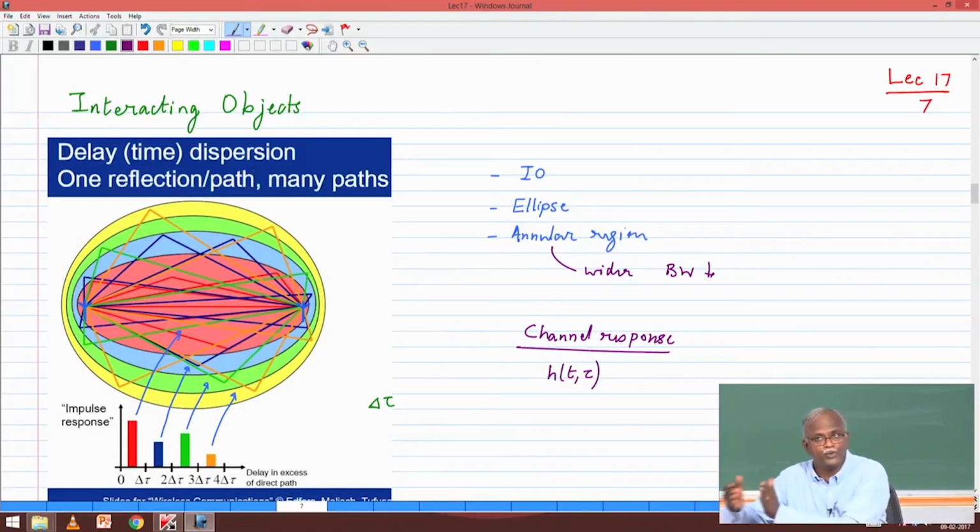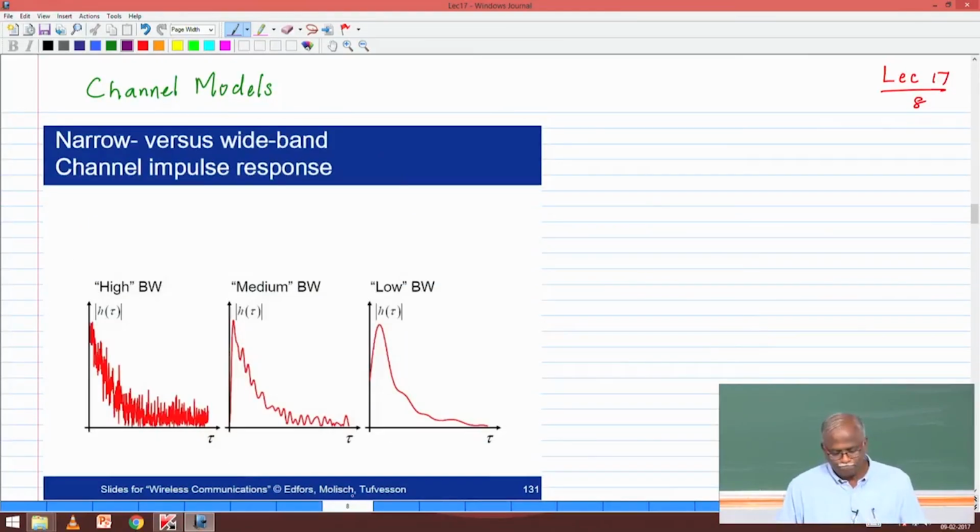How many taps do I represent? That depends on my time resolvability, which maps according to this region. How does it make a difference, and how does it affect our understanding of the wireless system? That is what comes next. If there are any doubts, please feel free to raise them, because we are building on this.